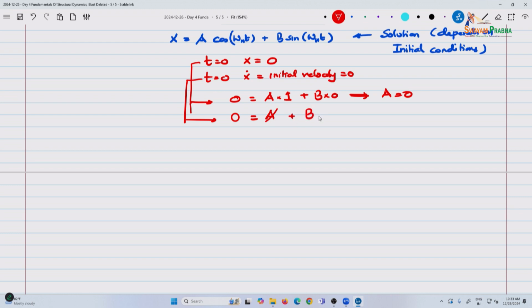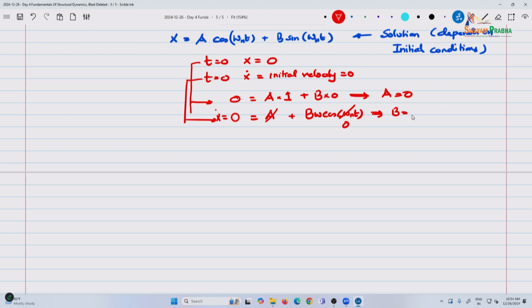Now, here if you do x dot, it is b omega n cosine omega n t, which is x dot. So, at time equal to 0, this also goes to 0. Both of them, here you have now the cosine omega n t goes to 0.